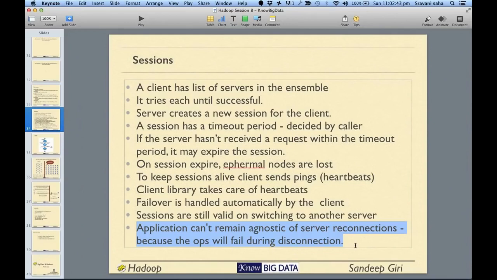Reason being, if one client has got disconnected and is in the process of connecting to another node, in this duration your commands might fail. Your get data, ls, or other commands might fail in this time. So when you write the program, your client code should be retrying multiple times.